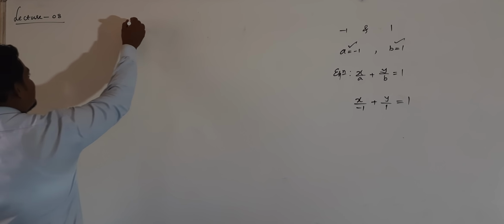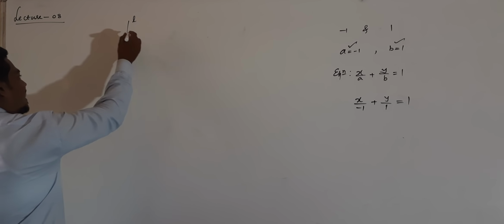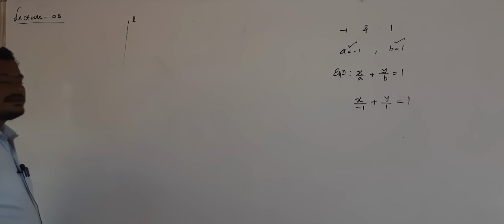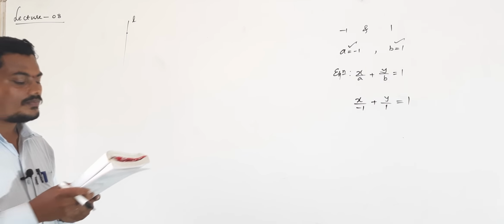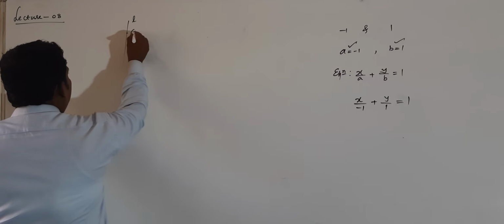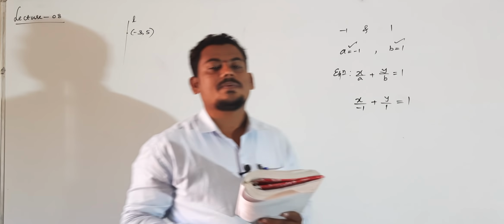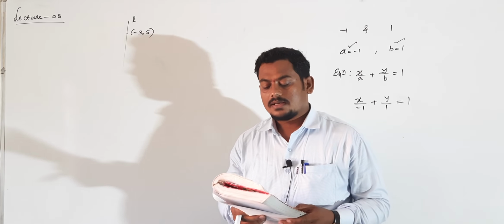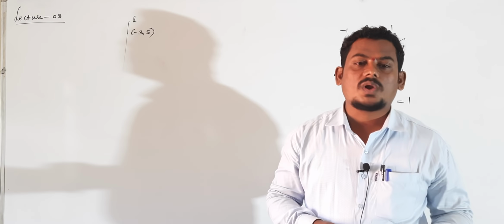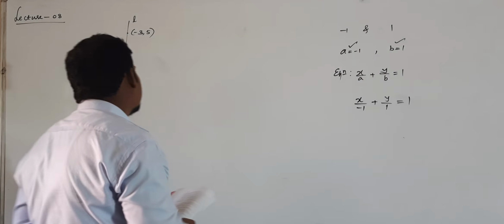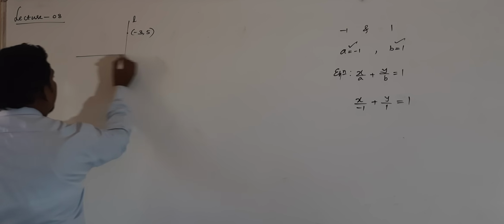I will take this as L. This line passes through which point? -3, 5, and one more condition they have given. What is that condition? This line is perpendicular to one more line.